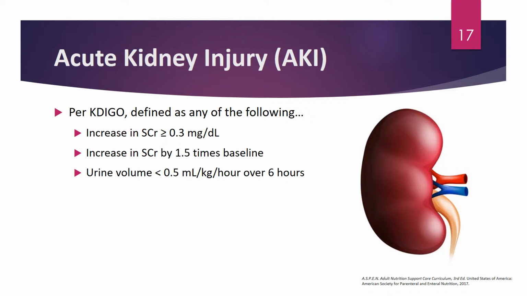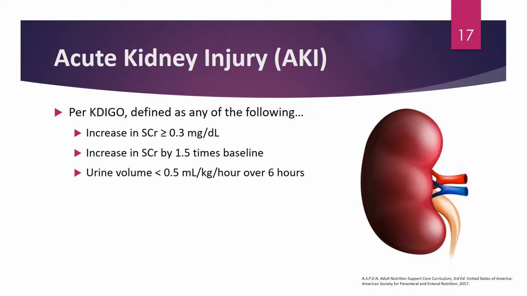So say if a patient had a serum creatinine of 0.6 and their serum creatinine increased to 0.9, in that case, that can actually be AKI as well, even though their serum creatinine still appears to be what looks like normal.